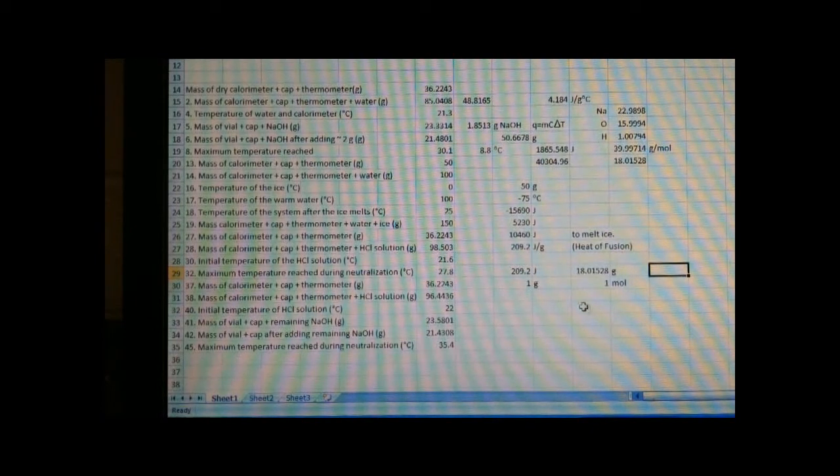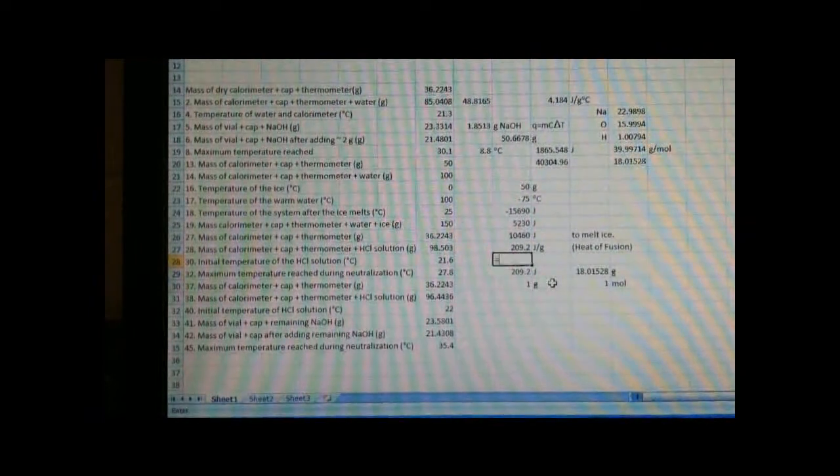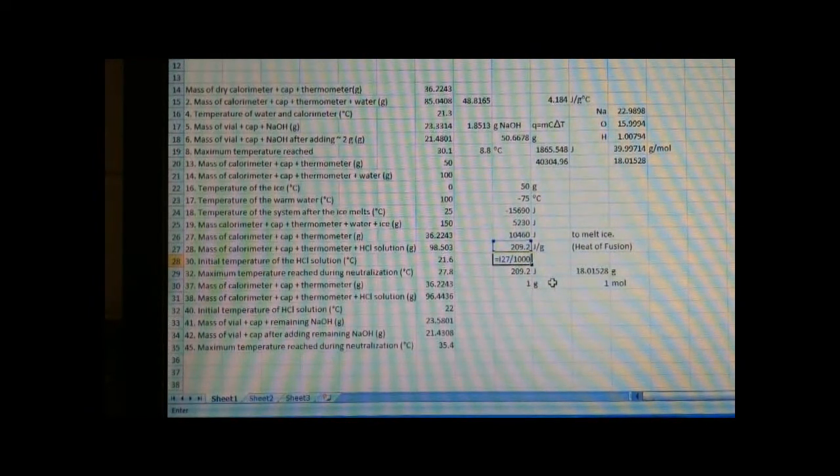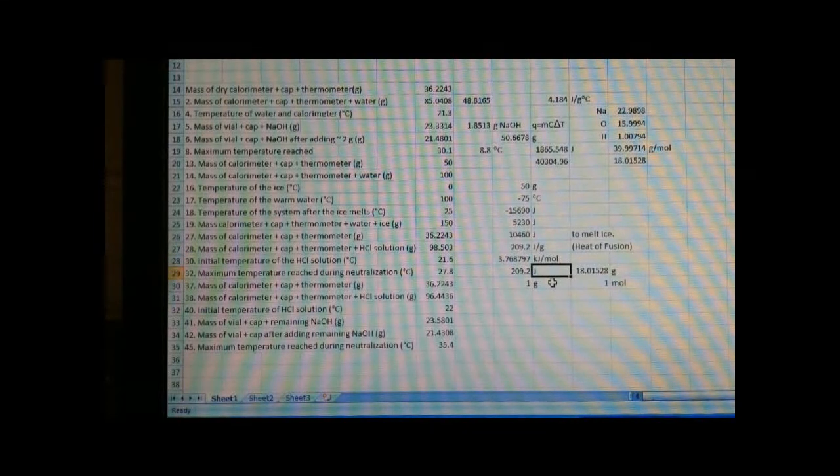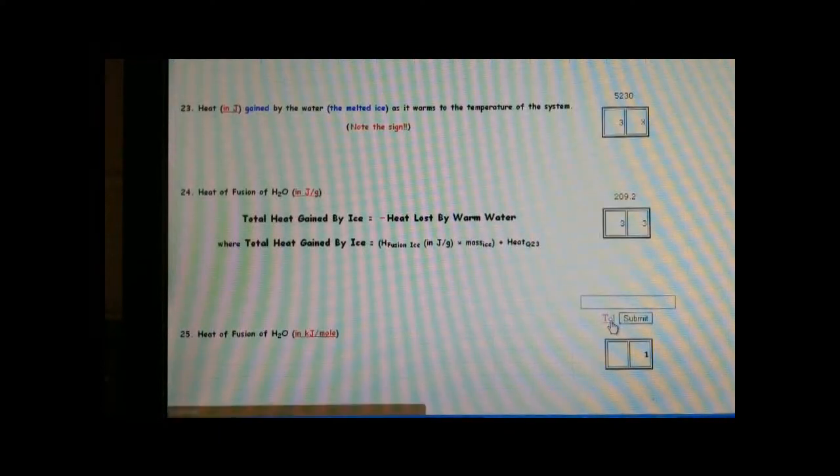What I would end up with here, if I just take that number, divide by 1,000, multiply it by my 18, here is my kilojoules per mole, the heat of fusion. Okay, so 3.769, or it'd be 3.77 to 3 significant figures.